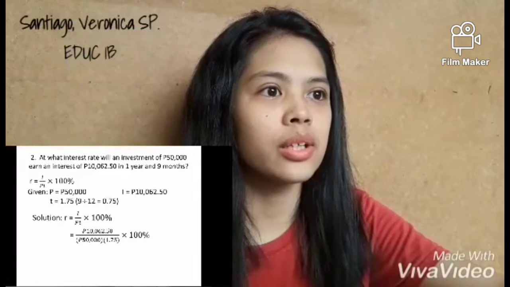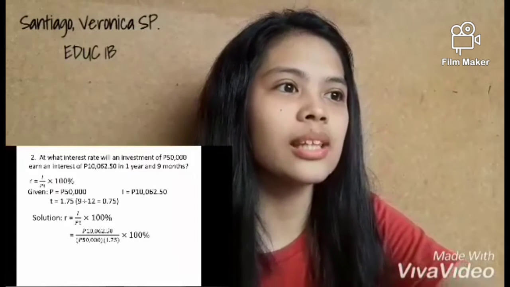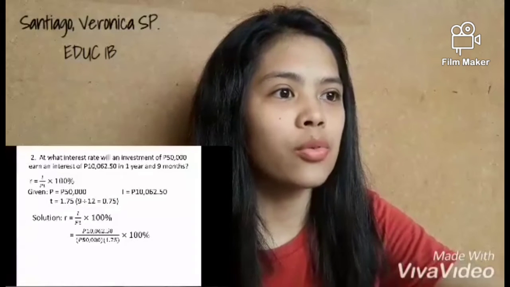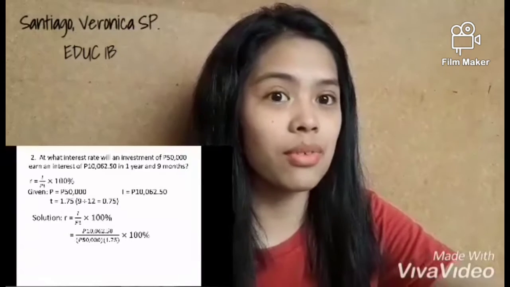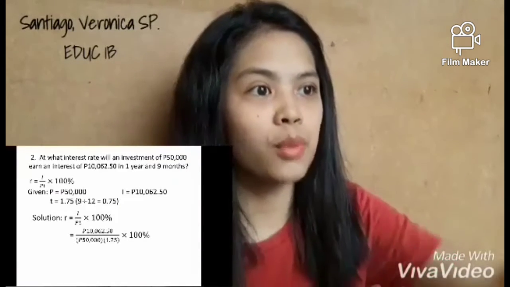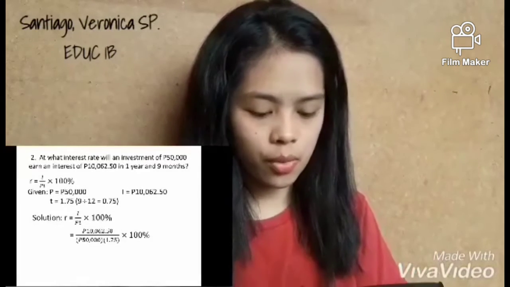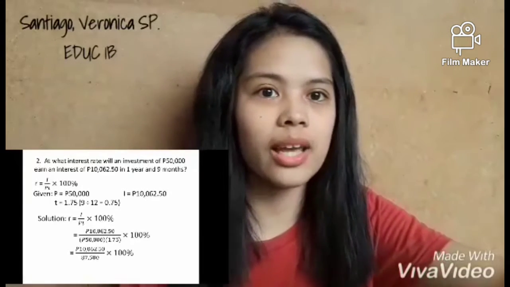Solution. So, i-distribute lang natin siya. So, 10,062.50 pesos over 50,000 pesos times 1.75 times 100. And then, i-multiply lang natin yung 50,000 sa 1.75 is equals to 87,500.